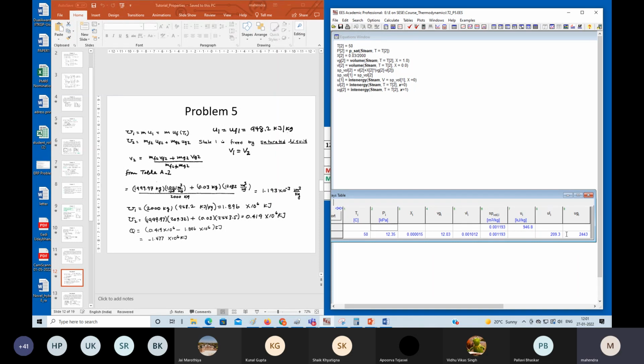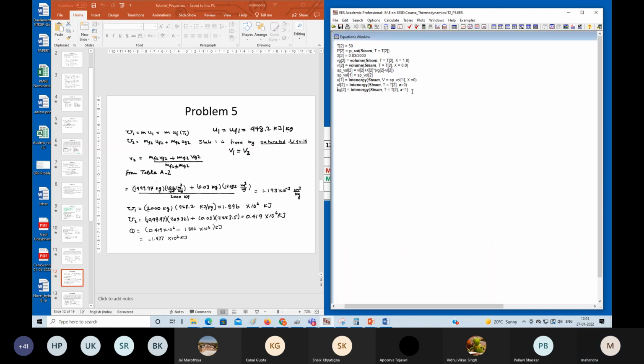Net U2, how would you calculate? U2 equal to UL2 plus X2 times UG2 minus UL2.